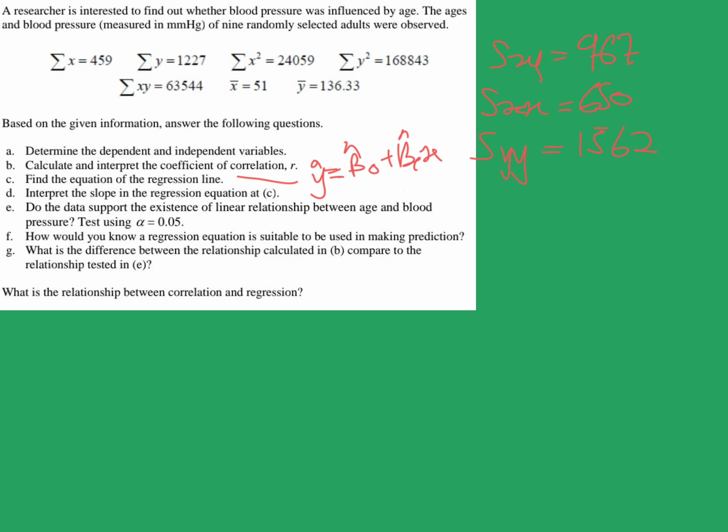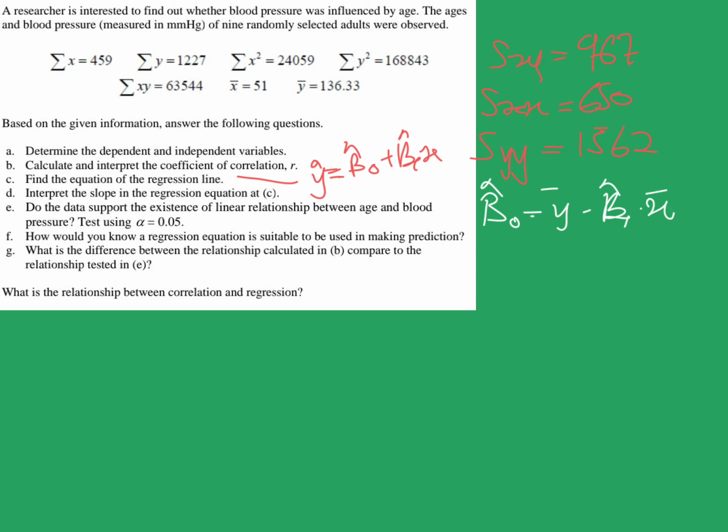So again, what is the formula of beta naught and what is the formula of beta 1? Okay, so the formula of beta naught is equal to y bar minus beta 1 hat times x bar.